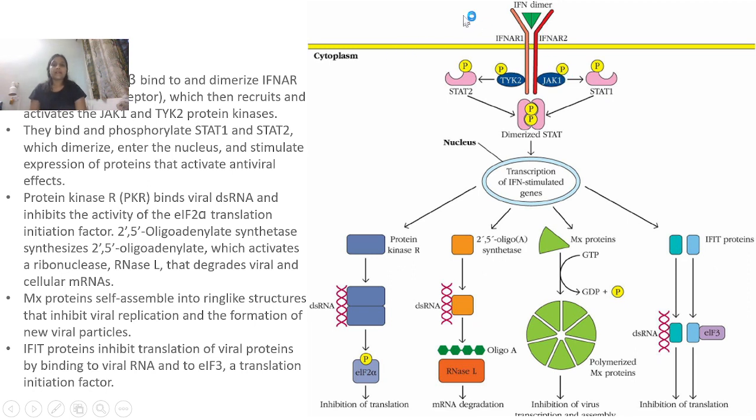There is dimerization and phosphorylation of these JAK kinases, which further phosphorylate other proteins, STAT1 and STAT2. These STAT1 and STAT2 then dimerize together and enter the nucleus to stimulate the expression of proteins that activate antiviral effects.